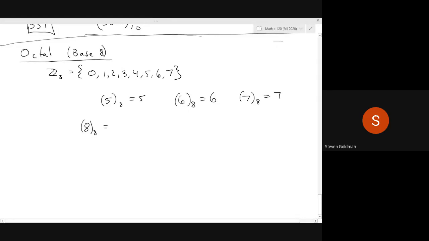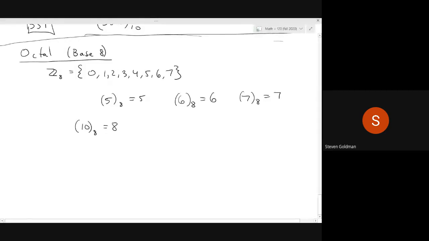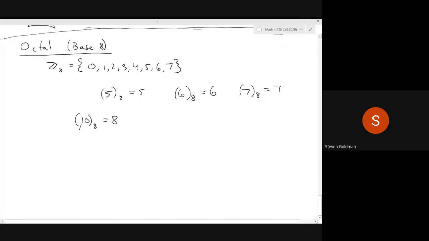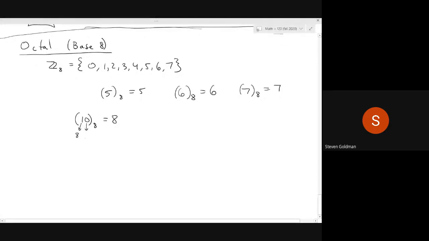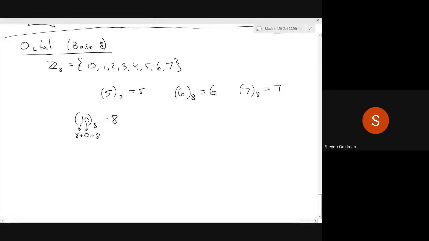I have no digit 8. Oh, excuse me, I did that backwards. 8 in base 8 would have to be written as 1, 0. The 1 represents an 8, and the 0 means I've got 0 in the 1's place. So that's 8 plus 0, which is 8.